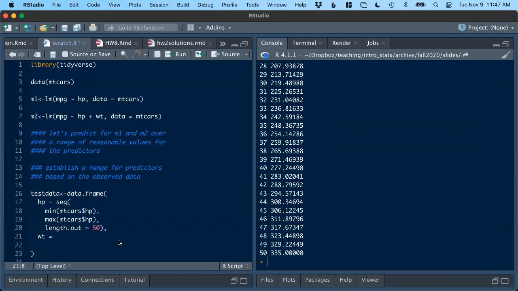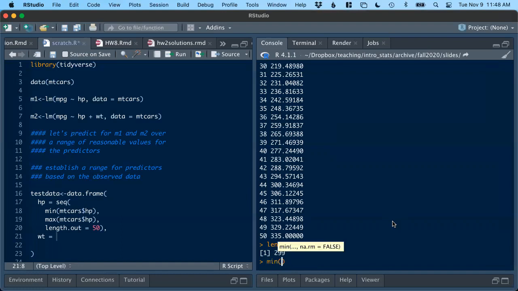So we have to have a consistent number of rows for every column. That's a feature of data frames. So if HP runs from 52 to 350 by multiples of 1, that's going to give me 299 observations.